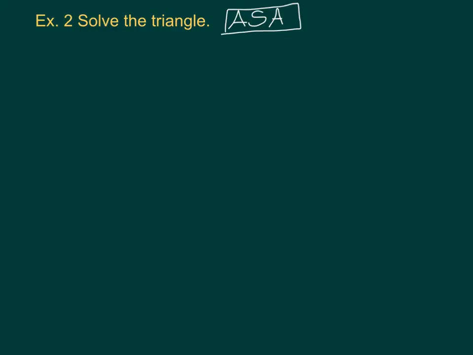So in example 2, another triangle that we can use the law of sines is if they give us an angle, a side, and an angle. So let's say they gave us angle A was 50 degrees, angle C is 33.5, and then little b is 76.